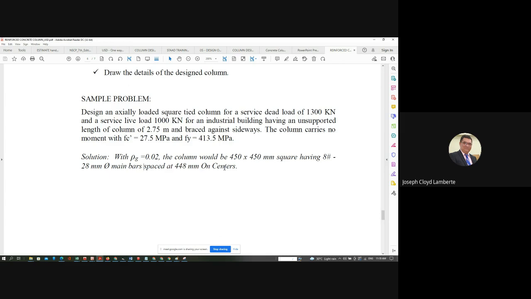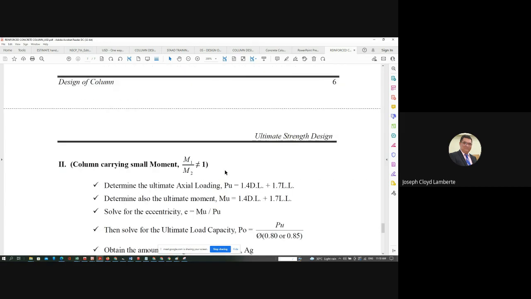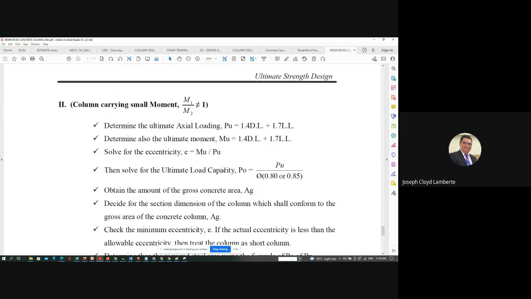Una siya, class, for spiral column. But for column carrying small moment in which M1 over M2 is not equal to 1.